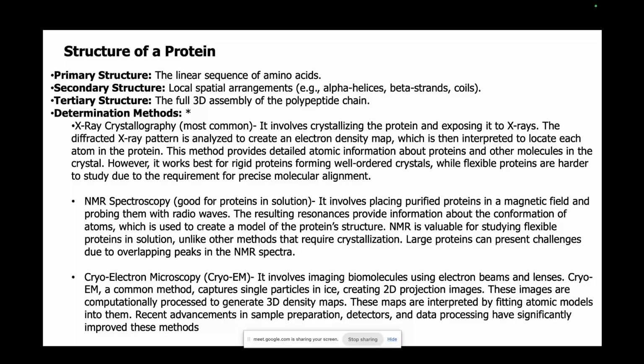So you can image the particle that you're trying to find the structure of. Say, for example, you are doing cryo-EM of ribosomes, right?